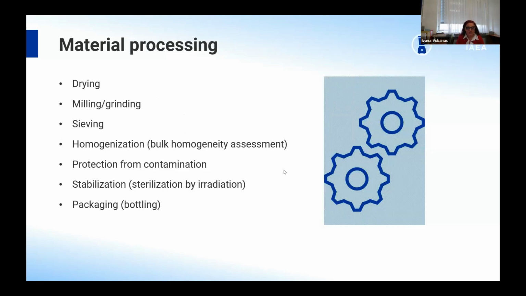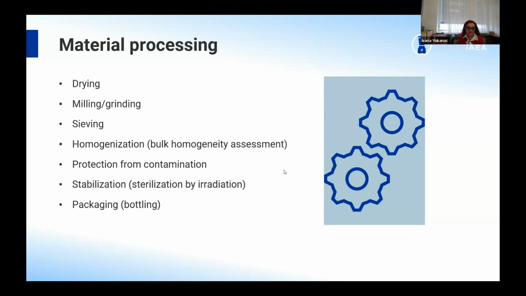Subclause 7.5 is about material processing, but before processing the material, during the planning phase, a feasibility study should be conducted in order to assess whether the sampled material is even a suitable candidate for reference material.